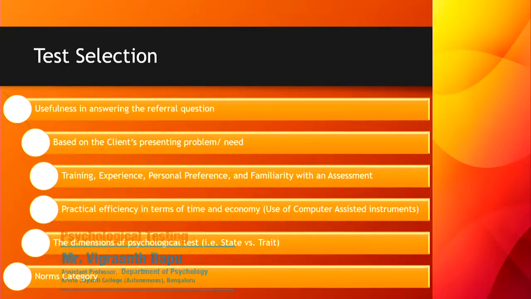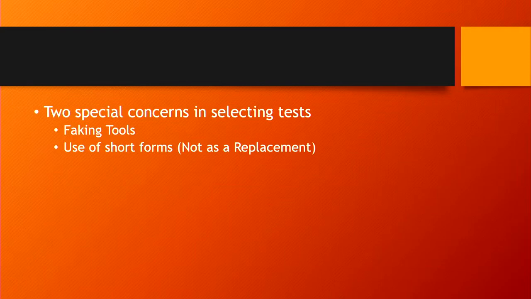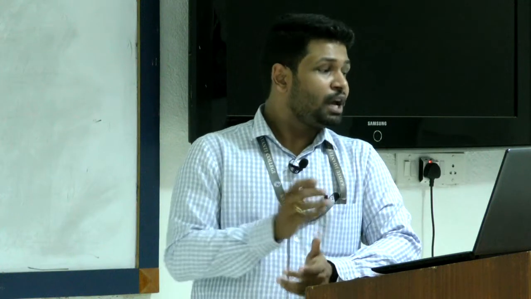And another factor is the norm category, because this is one of the basic and elementary things, as we need to look into whom the particular assessment is fit for. For example, Millon's Clinical Multiaxial Inventory would not be eligible for a person who is less than 18 years. So we need to look into all these norm categories before we get into the assessment.